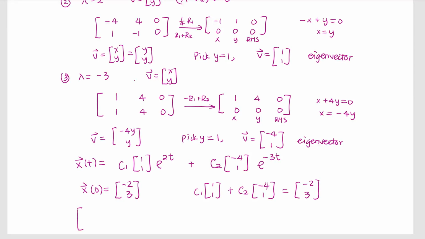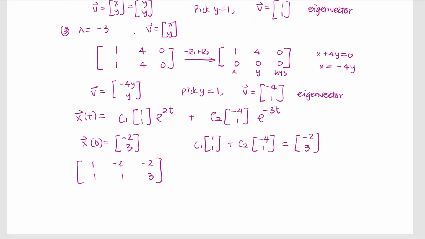Well, that is the same as to solve the augmented coefficient matrix 1, negative 4, negative 2, and 1, 1, 3. Okay, so this is the coefficient, the first column are the coefficient of C1, second column are the coefficient of C2, and then the last column is the right-hand side.